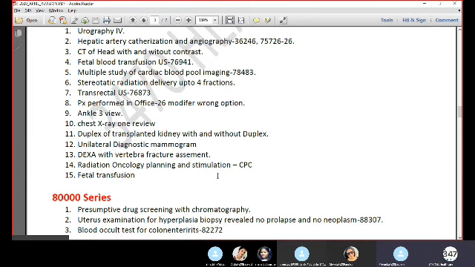On the other hand, for diagnostic purposes we have a unilateral code and a bilateral code. So if symptoms are present when they do the mammogram, it is diagnostic. No symptoms, then it is screening. You have to know this, definitely one question will come. Diagnostic mammogram has unilateral and bilateral, screening has only one code. So from these three codes, one question will come in your exam.